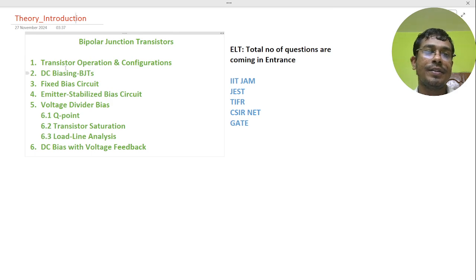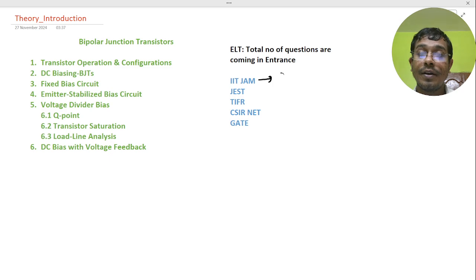The chapters are transistor operation and configurations, DC biasing, BJT fixed bias circuit, emitter-stabilization bias circuit, voltage divider bias with Q points, transistor saturation, load line analysis, and the last one is DC bias with voltage feedback.